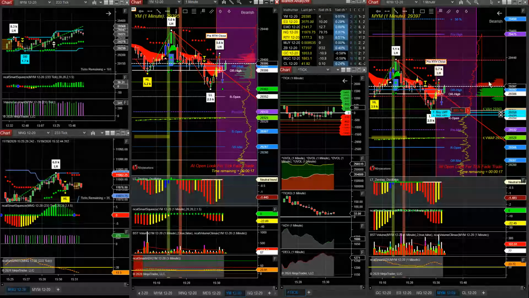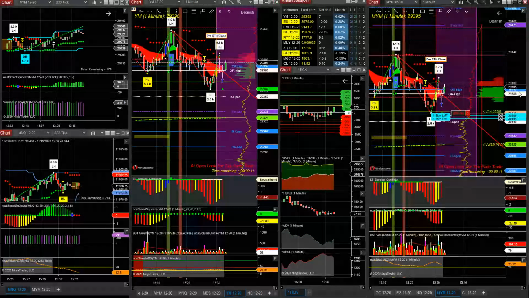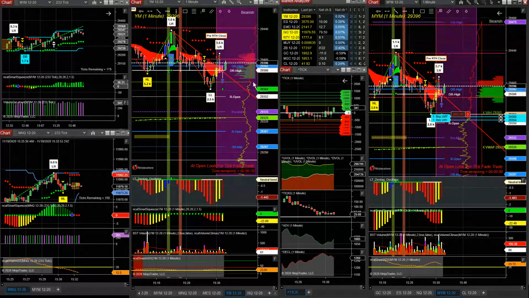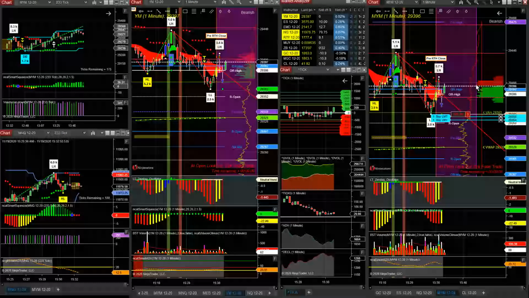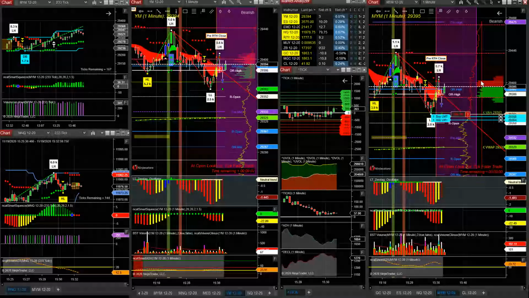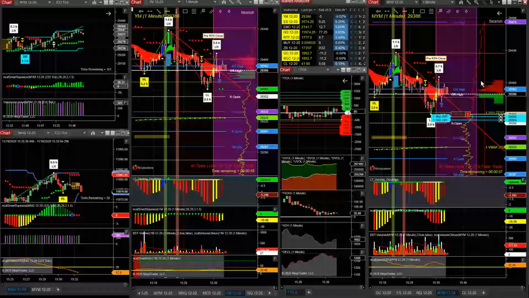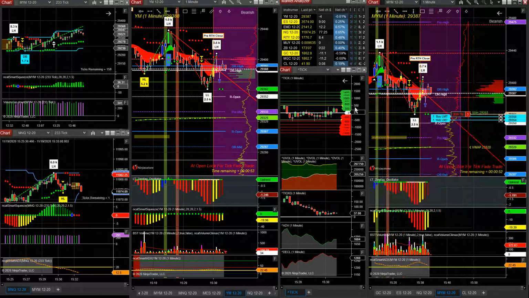Then we go into the imbalance period from 3:45 to 4 o'clock. If we're going to sell off, we would start around maybe 3:40 for the imbalance period, or 3:45. But here we want to see how price does.